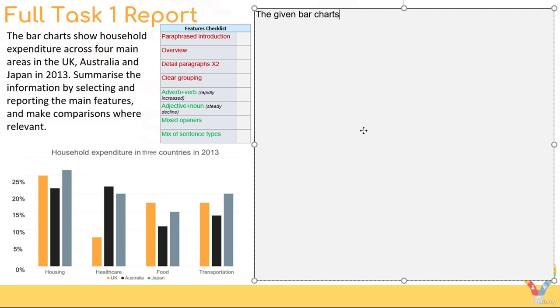The given bar charts present total household expenditure, household spendings. I'm using a synonym here for expenditure across 4 common areas in 3 countries.